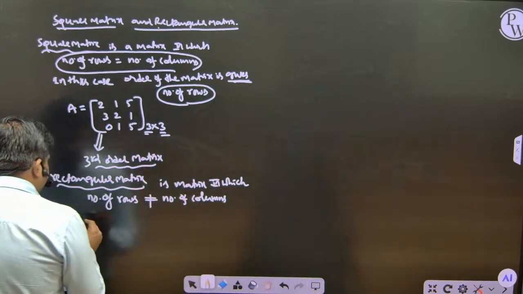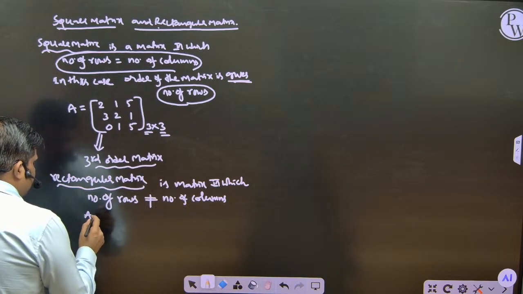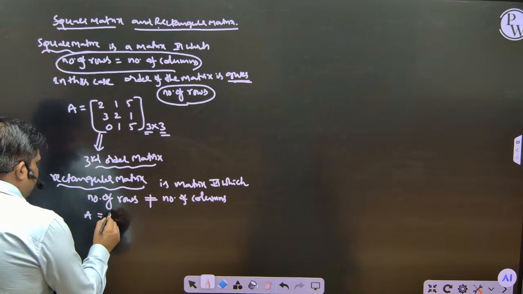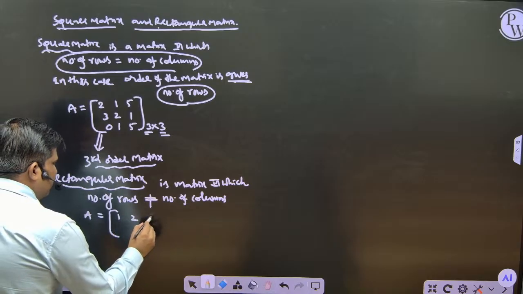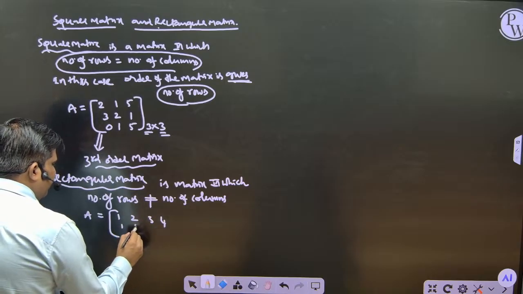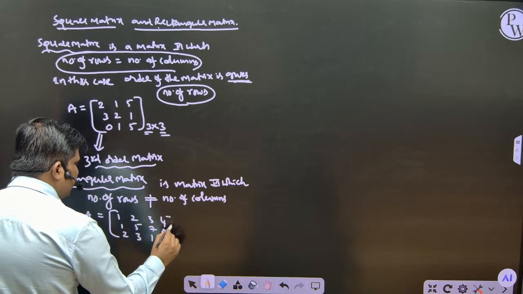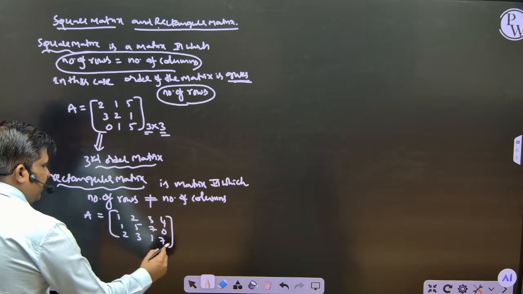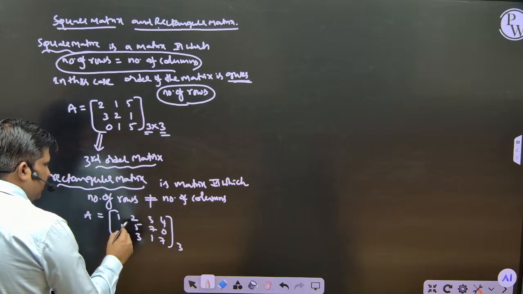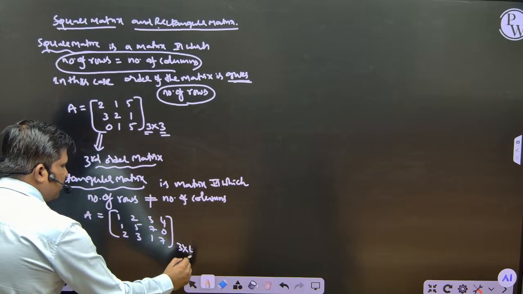So look at this: A is equal to 1, 2, 3, 4, 1, 5, 7, 0, 2, 3, 1, 7. Here we have 3 rows and 4 columns.